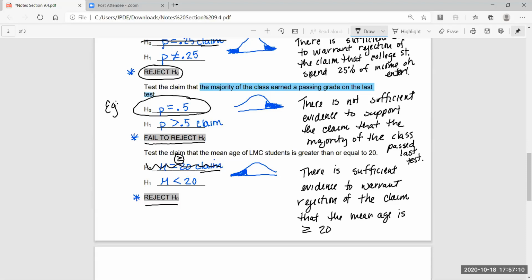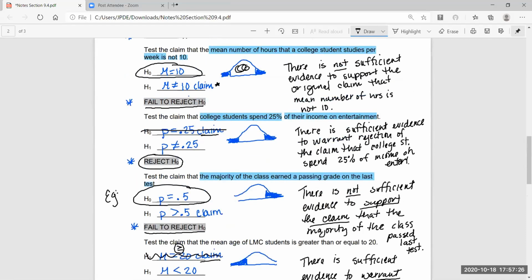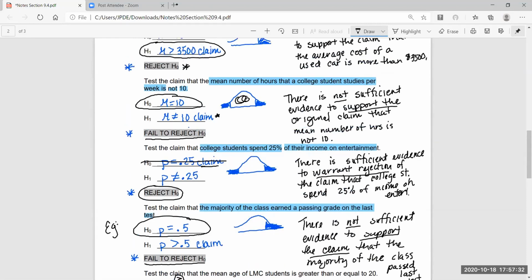Okay, I paraphrased it. So when I'm grading these, yes, you need to write out this whole thing. I can look at this, though, and know warrant rejection of the claim is important, or not support the claim. I can kind of see those key things. Sufficient evidence to warrant rejection, not support the claim.